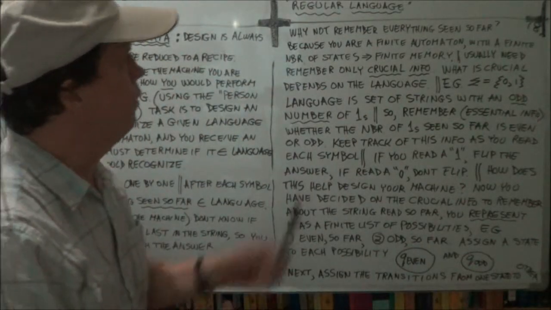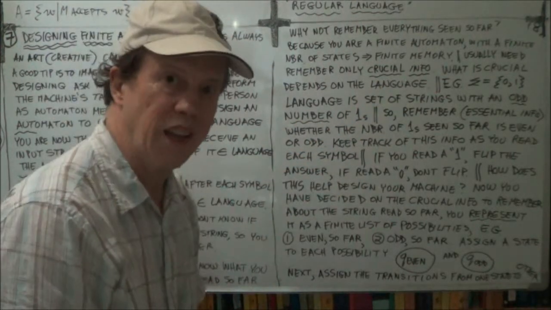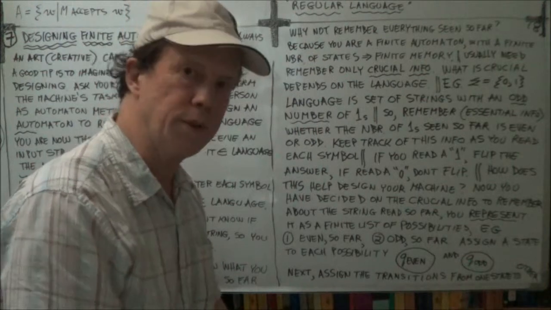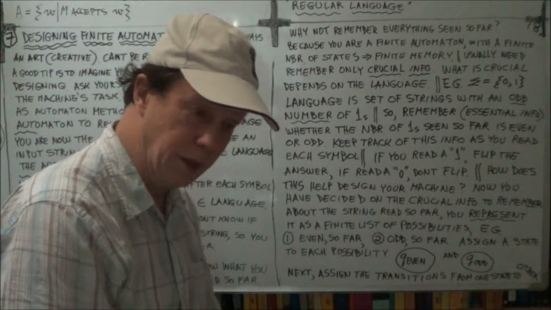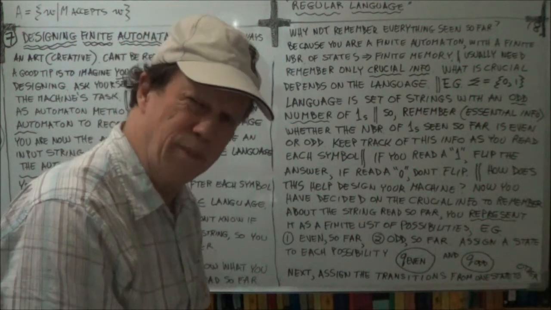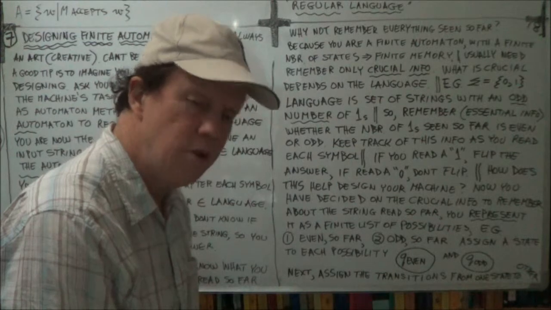Okay, so for example, how about a strategy of just remembering everything? Just memorizing the whole input sequence in your input string. Well, that's rather dumb. It's not very practical, because what if your input string is hugely long?